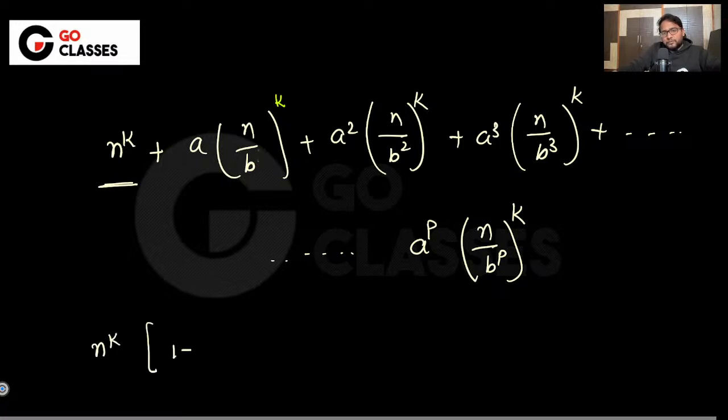This is 1 plus a upon b power k plus a square upon... Let me write it a little more clearly.